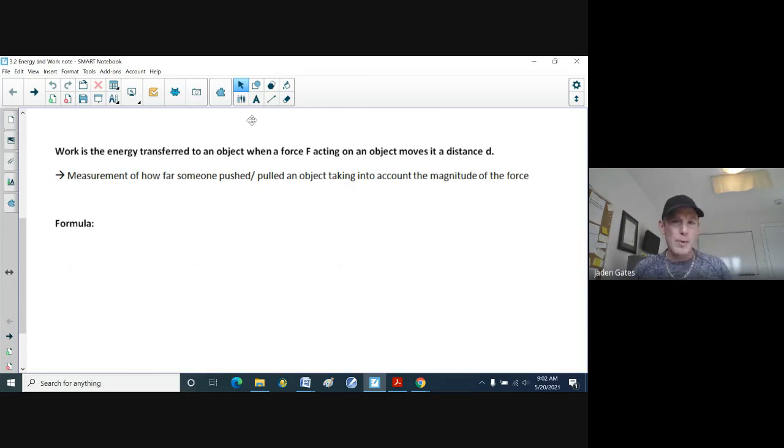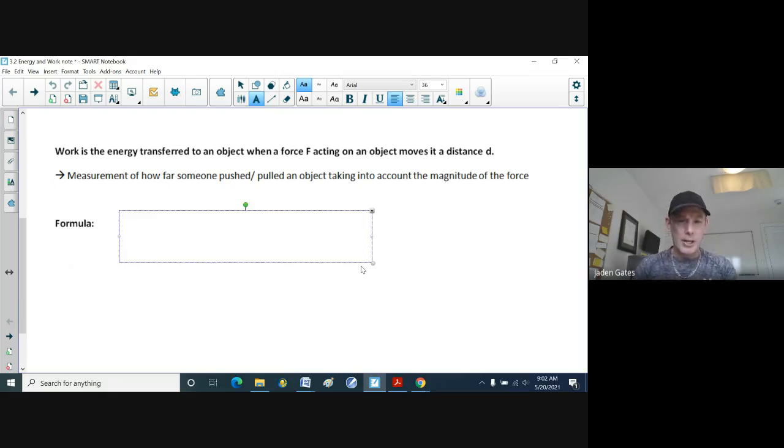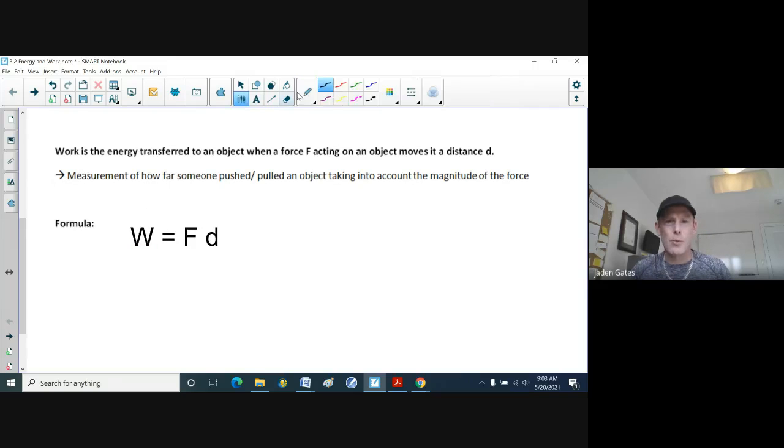All right, so there's a formula for work, and that formula is work is equal to force times distance. So again, let me write those down. Again, this is work, which is your ability to convert energy, so that is in joules.